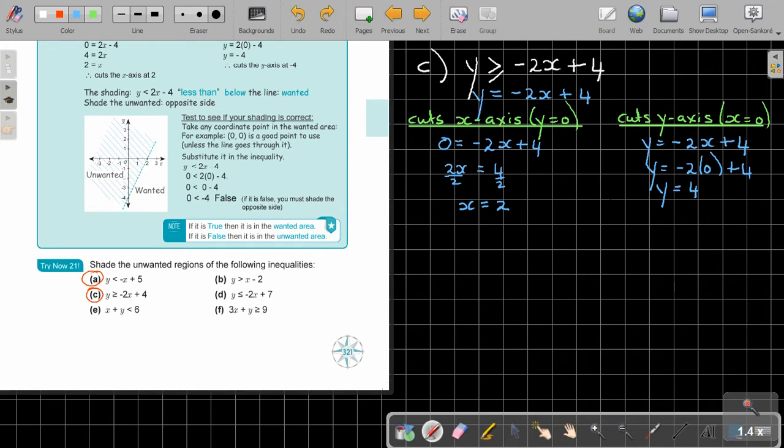So if I'm going to draw that line, so again it's just the positive values. So I think it's going to work again if I just draw it here.